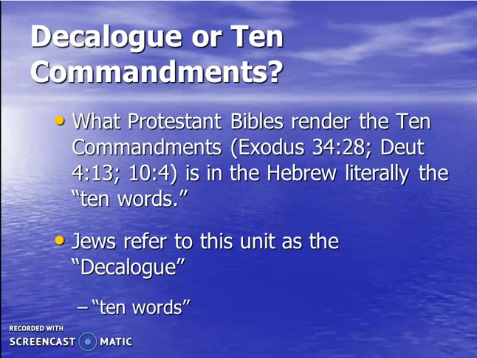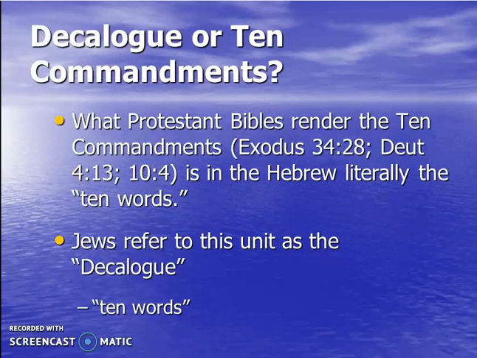One debated issue is whether it should be 10 commandments or 10 words. The word Decalogue technically means not 10 commandments, but 10 words. And it's what Protestant Bibles tend to render as 10 commandments in Exodus 34:28, Deuteronomy 4:13, and Deuteronomy 10:4.